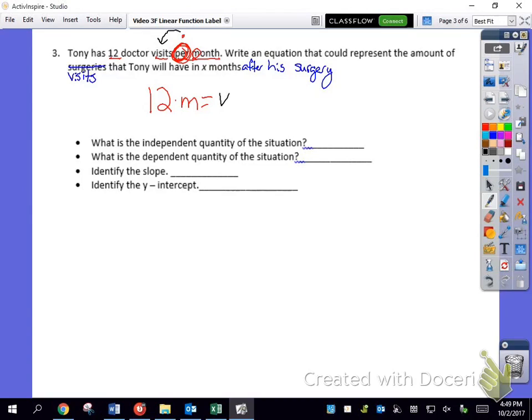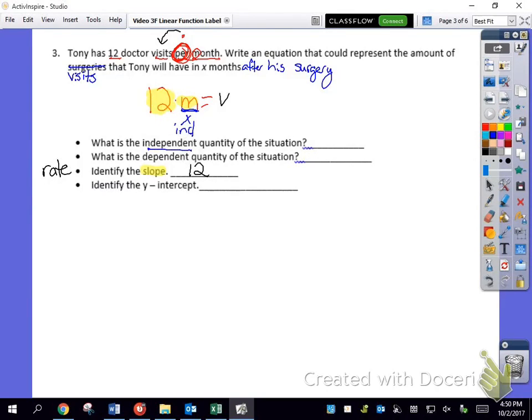Okay? So whatever goes in front, 12, that is my rate. Another word for rate is slope. So rate is slope, it's 12. And the m goes with that 12, so this is my x, that is my independent.